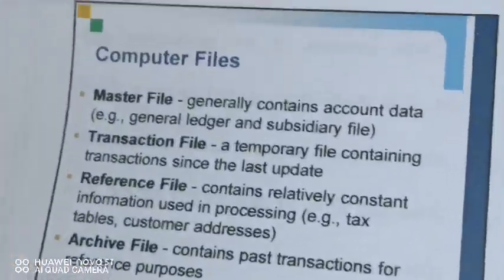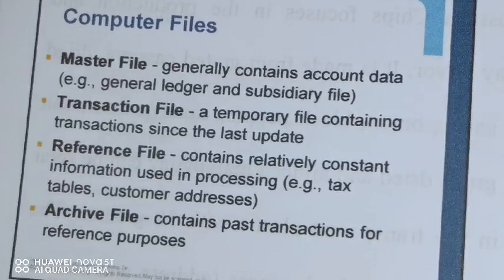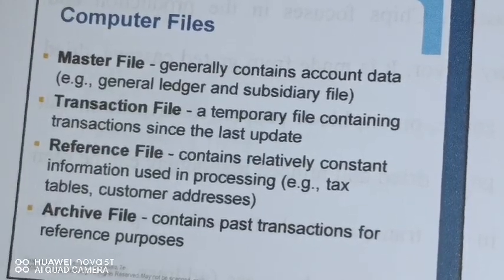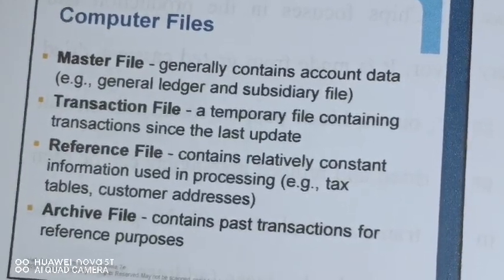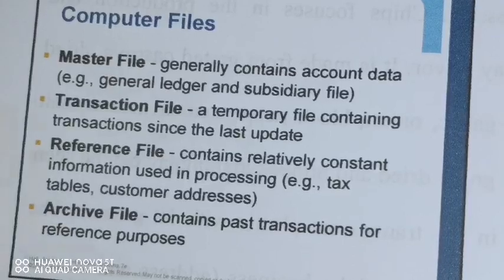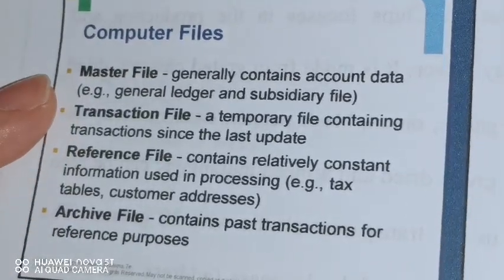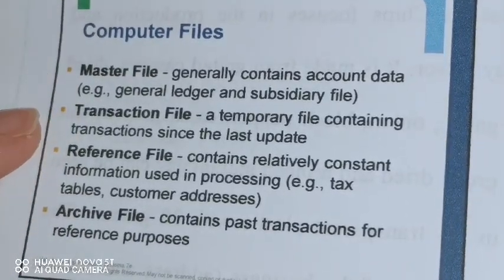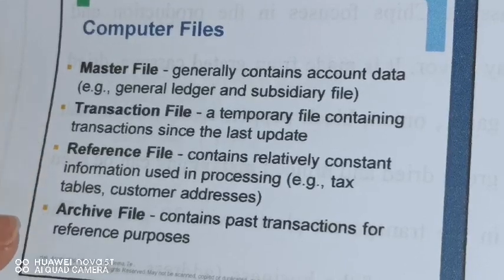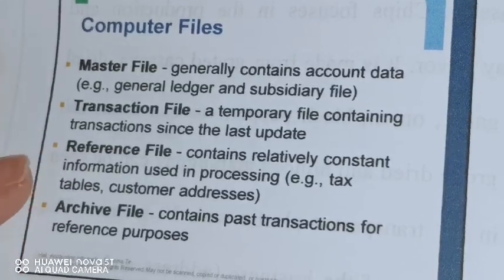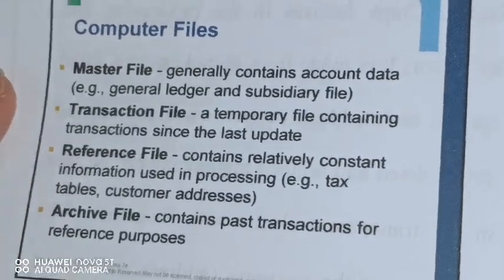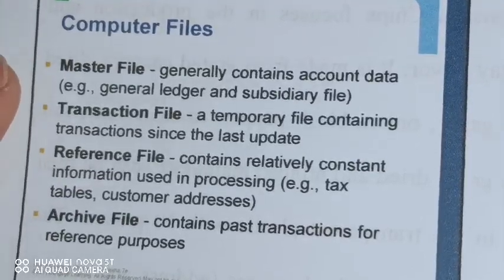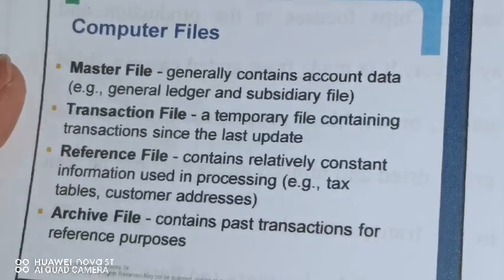So, what are the different examples of computer files? There are four types of computer files. The first one is the master file, transaction file, reference file, and the archive file. So, what is the master file? Here, master file generally contains account data.